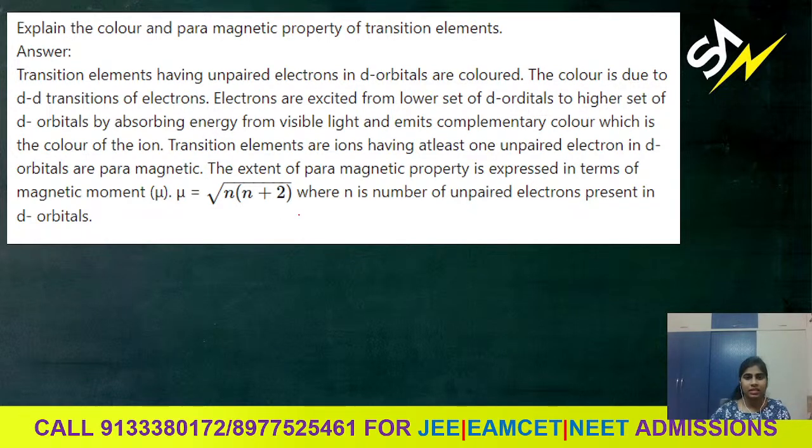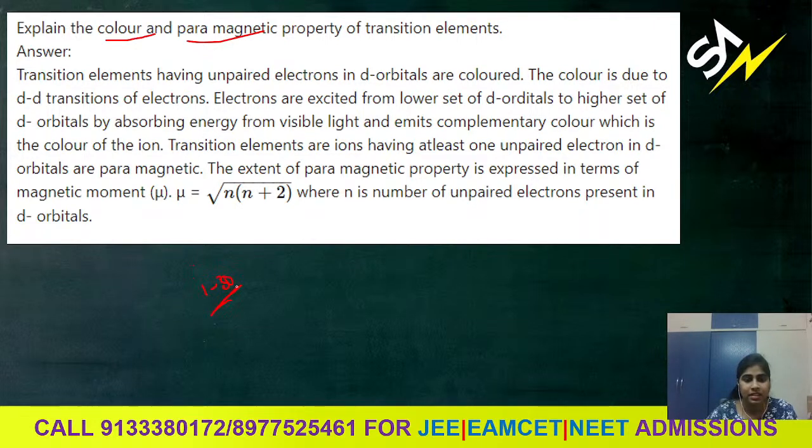And you can guess this type of question also. Explain the color and paramagnetic property of transition metals. So we need to explain how we get the color and paramagnetic property of these transition metals. I have already explained in the last session to remember the atomic electronic configuration of 1 to 30 elements.